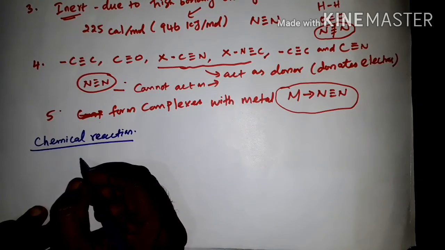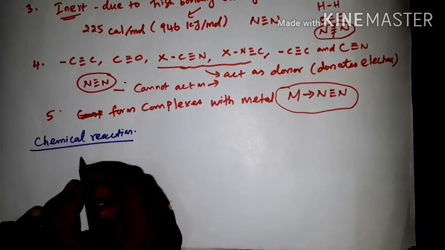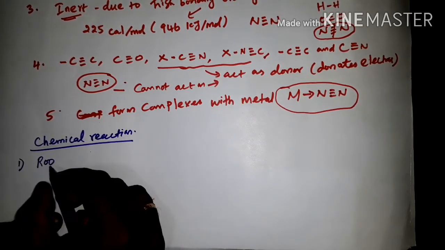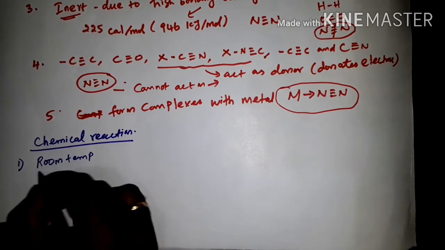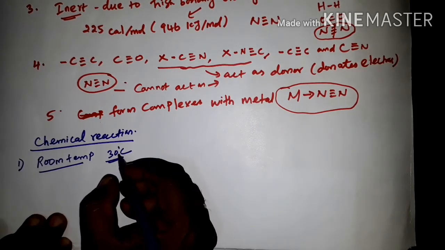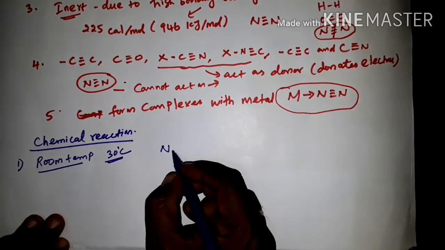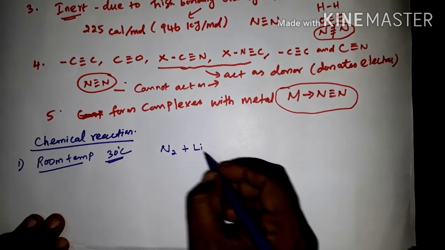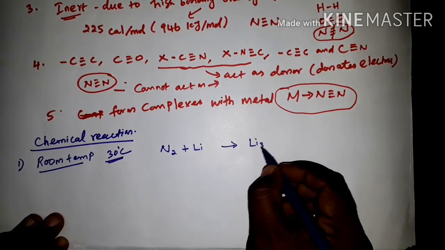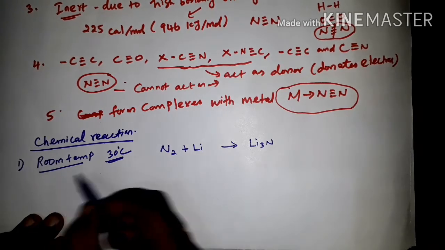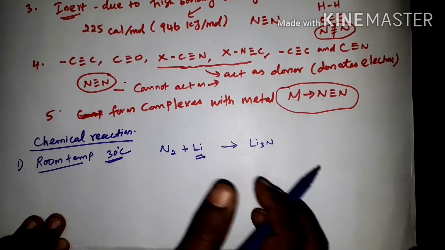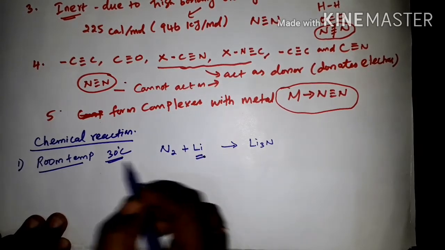At room temperature, which means around 30 degrees Celsius, nitrogen can react with only lithium, the first member of group one. It forms lithium nitride. So nitrogen can react at room temperature only with lithium. This is very important. No other element can react with nitrogen at room temperature.